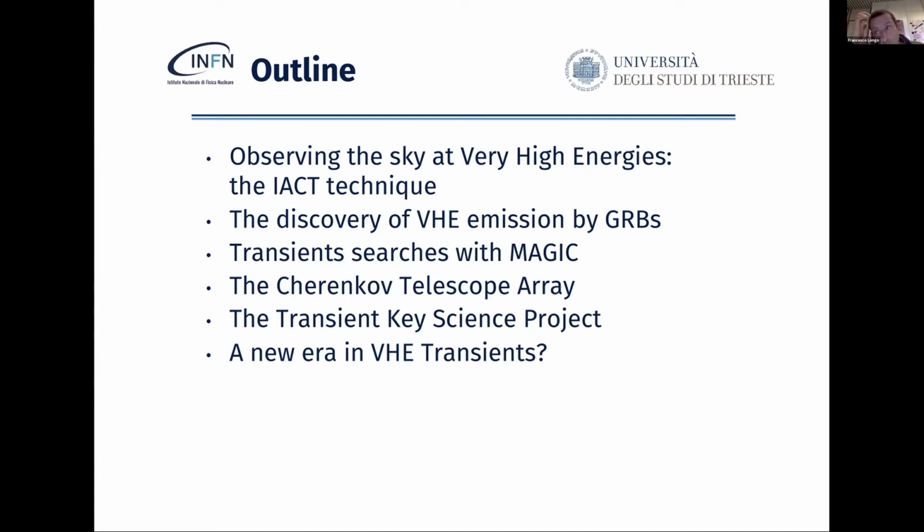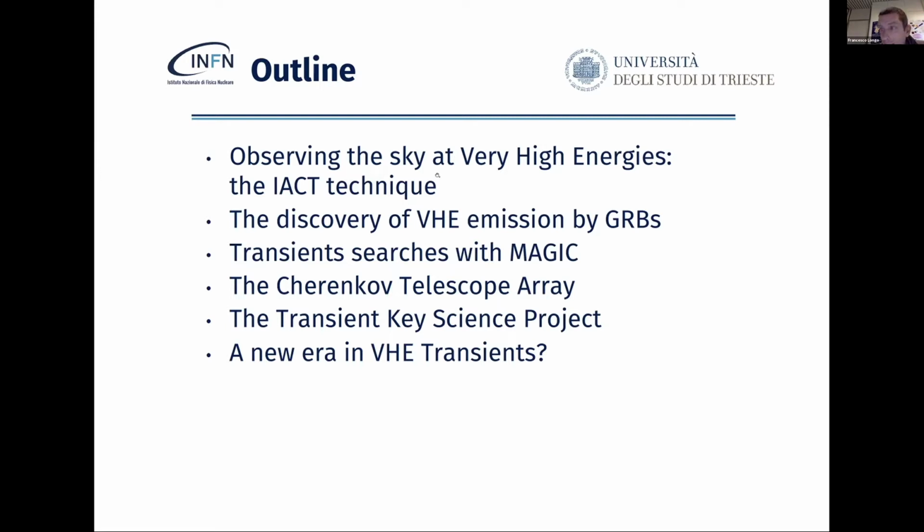Then I will tell you a few words about this transients program, taking as an example the discovery of very high energy emission from gamma ray bursts. This is a topic that I know better. I am a gamma ray burst scientist since the beginning. But by showing that, you will see the potentiality of this telescope also for other kinds of transients. And this will be the third part of my small discussion. I will discuss how MAGIC can do transient searches.